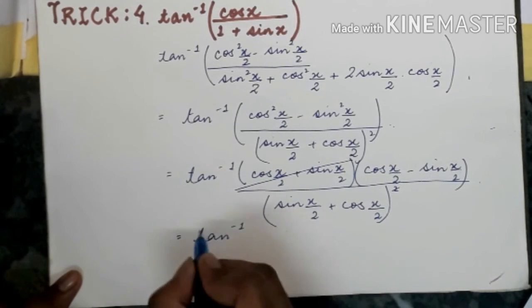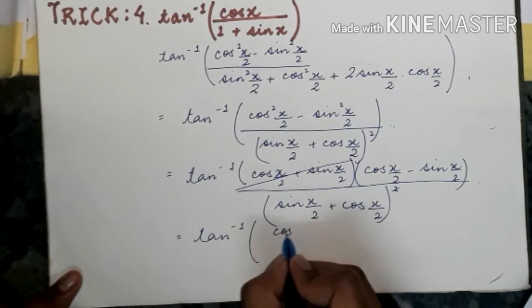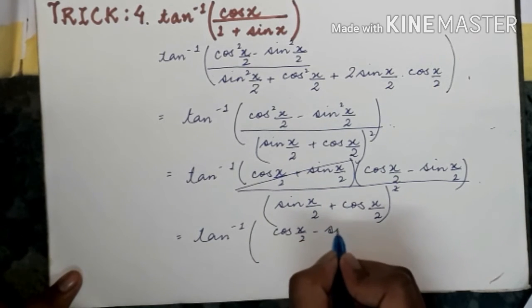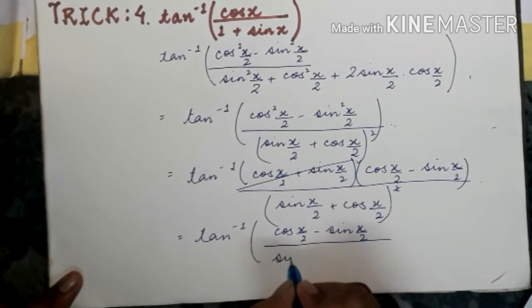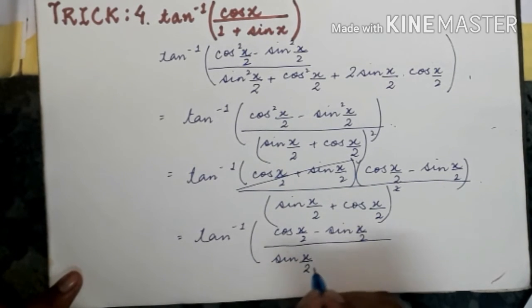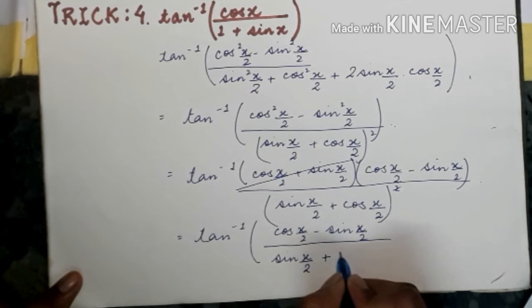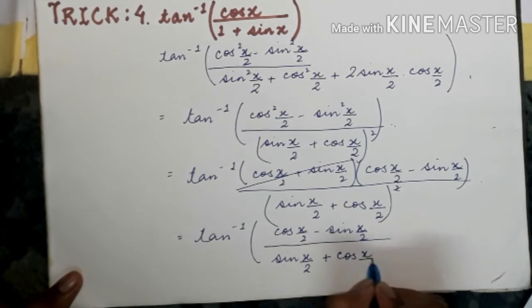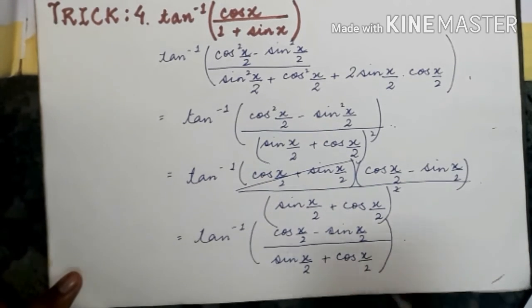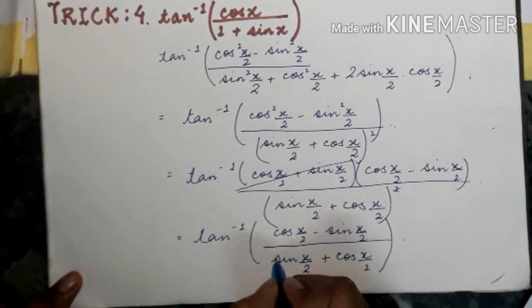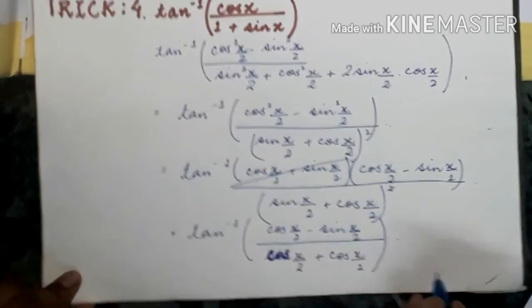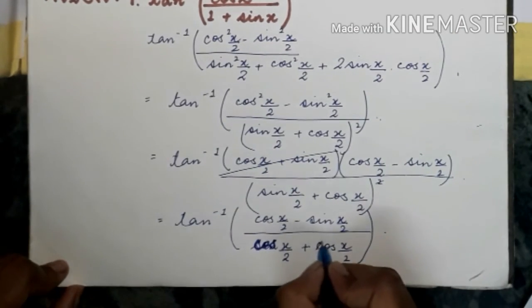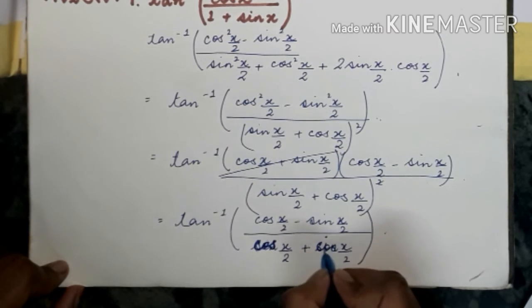See what you are getting here: cos x by 2 minus sin x by 2 upon cos x by 2 plus sin x by 2.